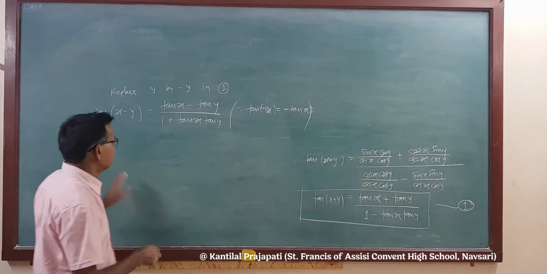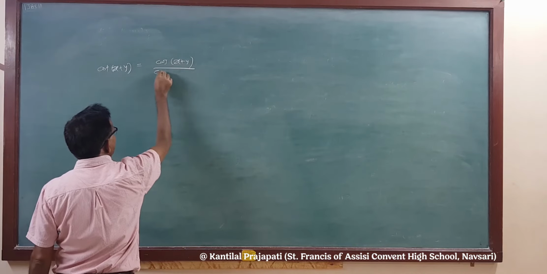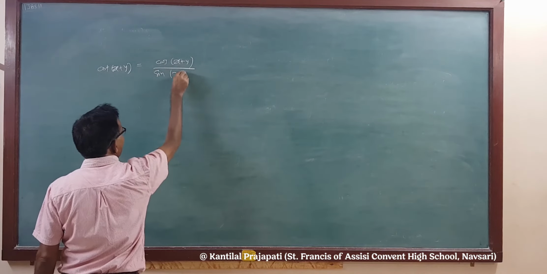Now we derive the formula of cot(x plus y). Again we write cot as a ratio of cos and sin, so cos(x plus y) upon sin(x plus y).